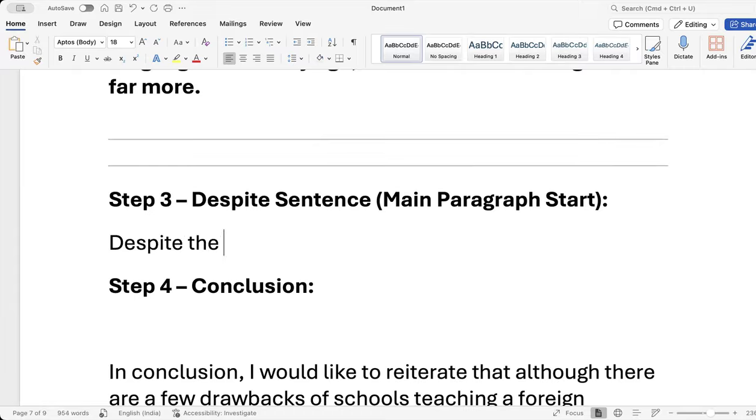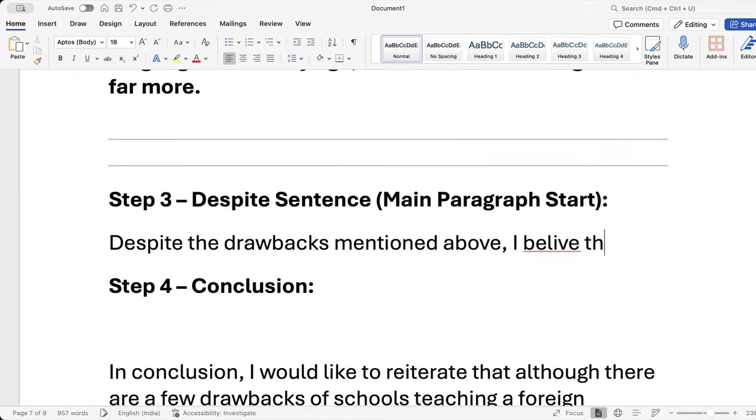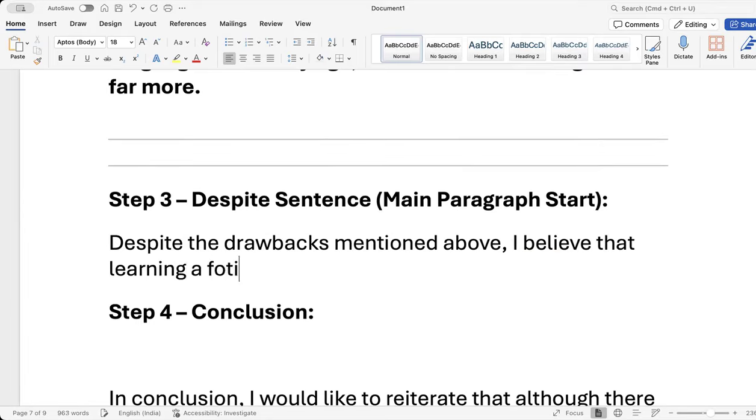First, write the despite the drawbacks mentioned above, comma, I believe that learning foreign language in primary school is certainly beneficial.